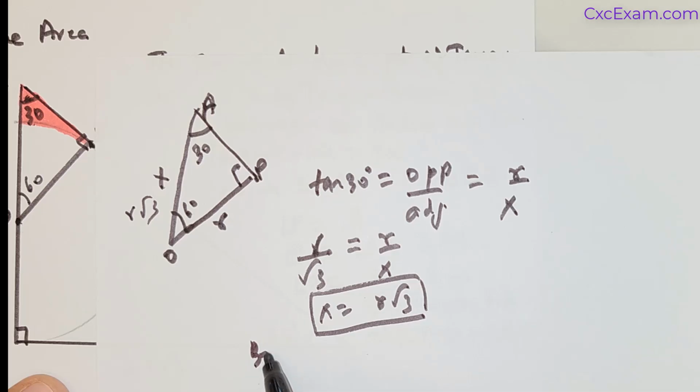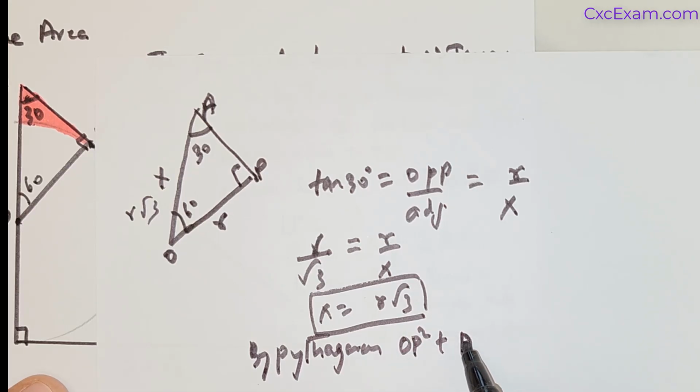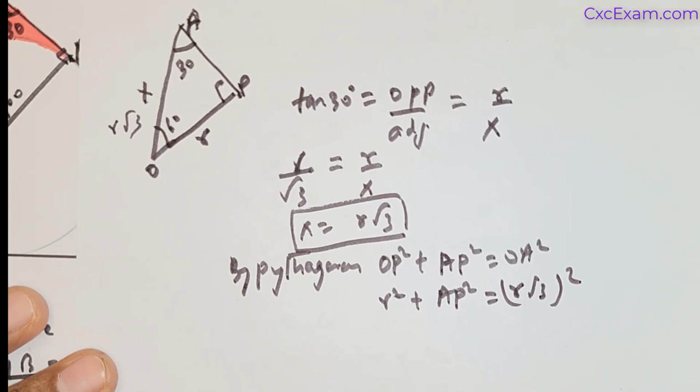Now by Pythagoras, we have OP squared plus AP squared is equal to OA squared. So this is R squared plus AP squared. We need OA squared, which is R times root 3 squared.